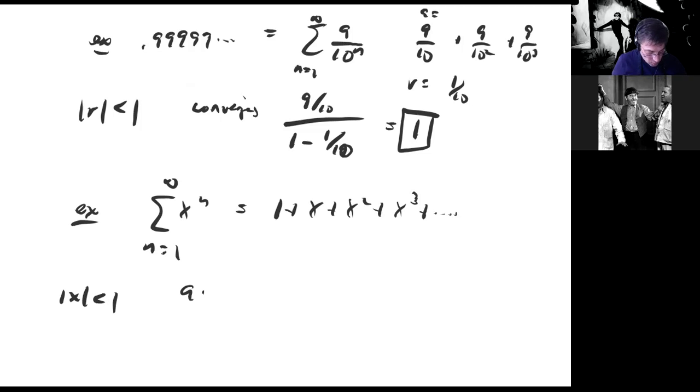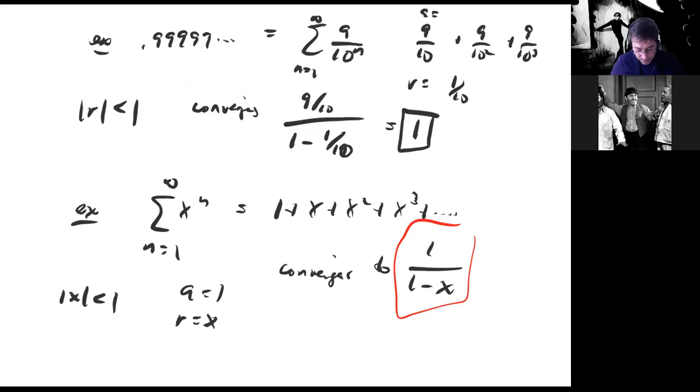The initial term is 1 and r is x. So this expression converges to 1 over 1 minus x by the formula I gave. So that's another example. Okay, so let's move on to a different kind of series called the telescoping series.